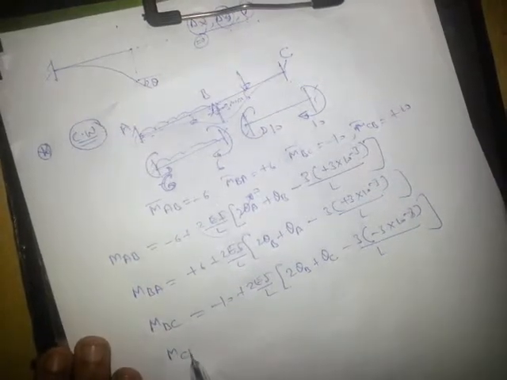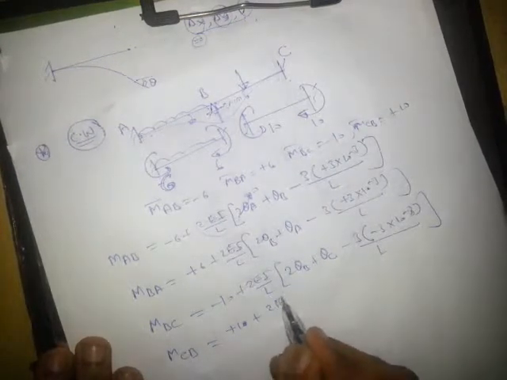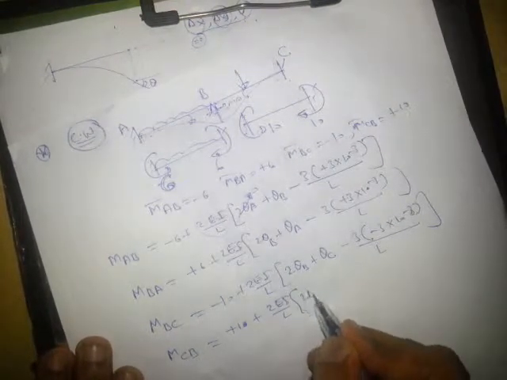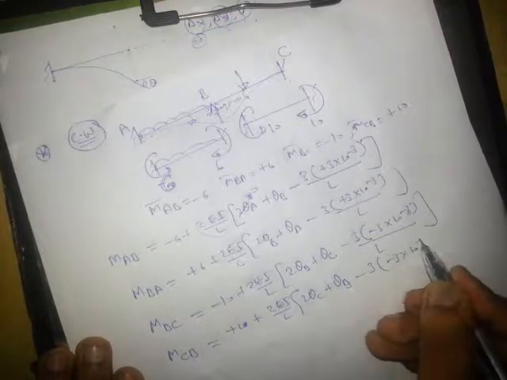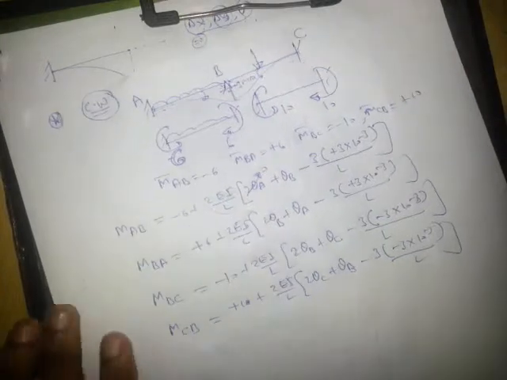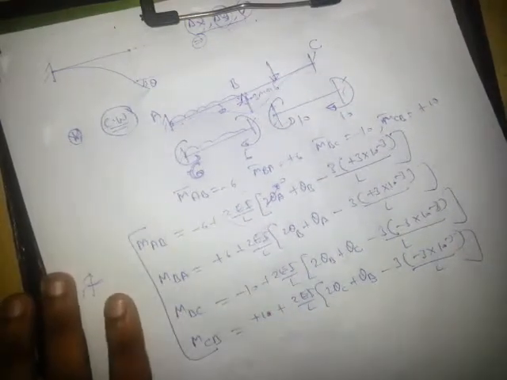And now MCB is M bar CB, that is plus 10, plus 2 EI divided by L, 2 theta C plus theta B minus 3 delta divided by L, right? So these are the final answers.